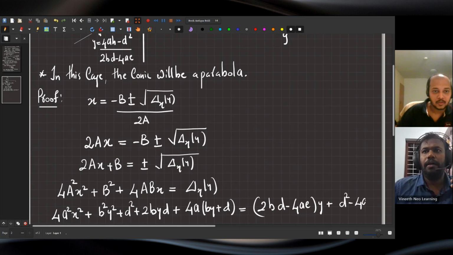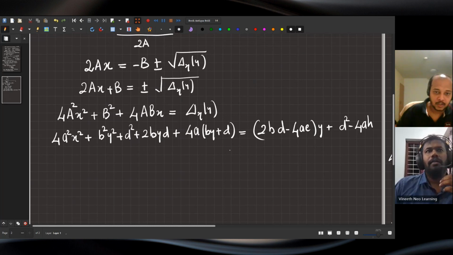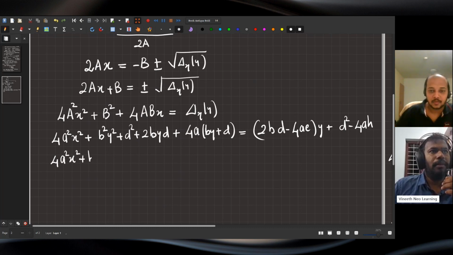That is equal to 4a squared x squared plus b squared y squared plus 2bdy plus d squared plus 4aby.